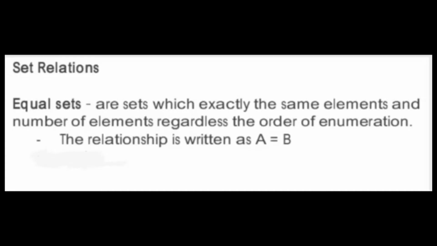So ang sabi dito, ang equal sets daw are sets which have exactly the same elements and the number of elements regardless of the order of enumeration. Okay? Then, sa equal sets po, we use the equal sign to represent that the two sets are equal.